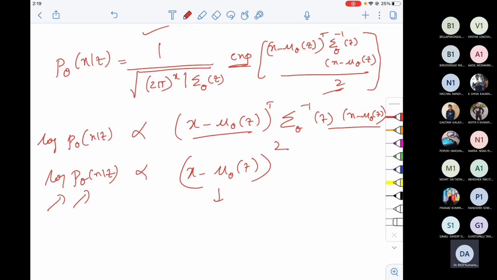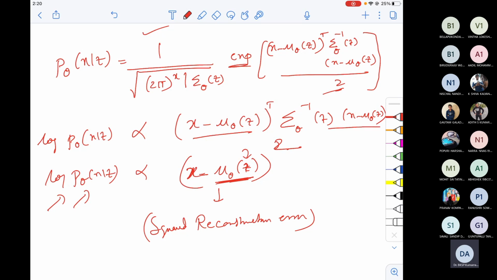They also call this first term squared reconstruction loss, squared reconstruction error. Why squared reconstruction error? It's a square. Why is it called reconstruction? Because this is my original x and this is my mean, the mean of the latent space.